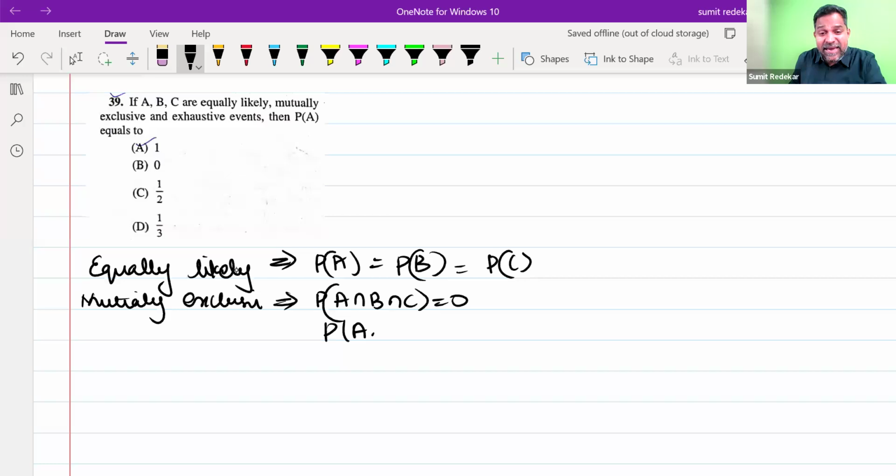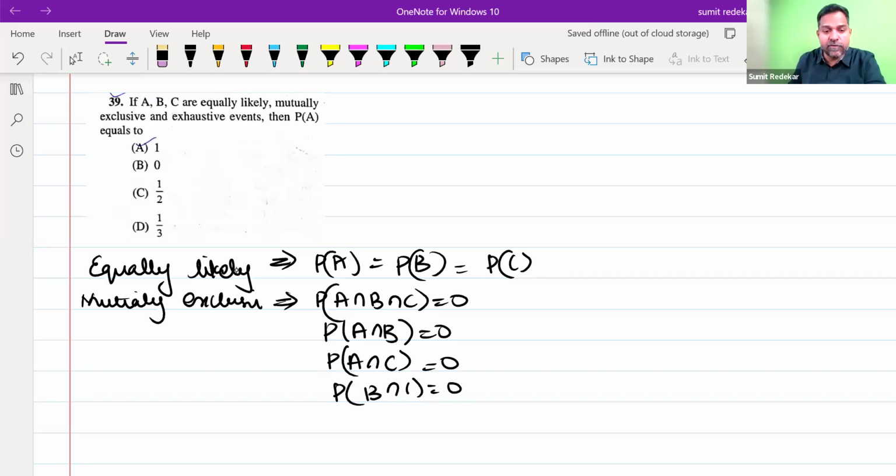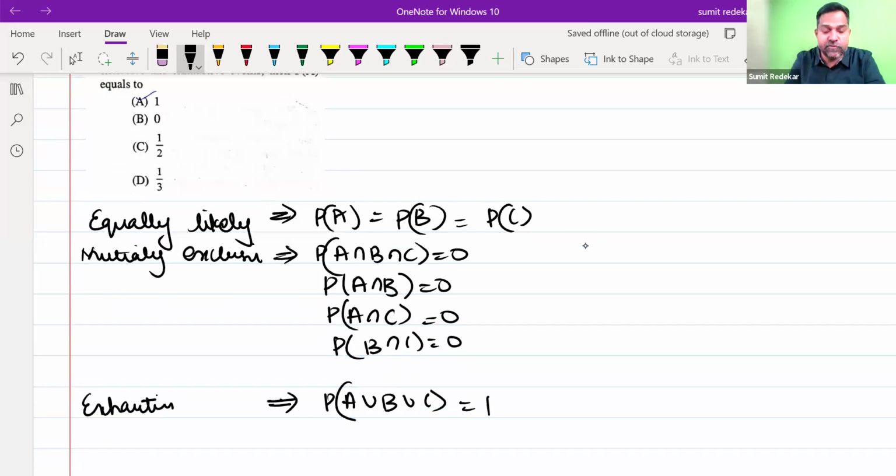Probability of A and B happening together is absolutely no chance. Probability of A and C happening together is absolutely no chance. Probability of B and C happening together is absolutely no chance. If they are exhaustive, it means that there is a 100% chance of one of them happening, which is A union B union C has a 100% chance of occurrence.